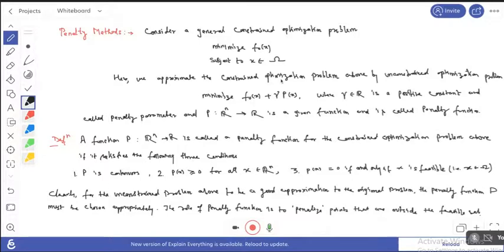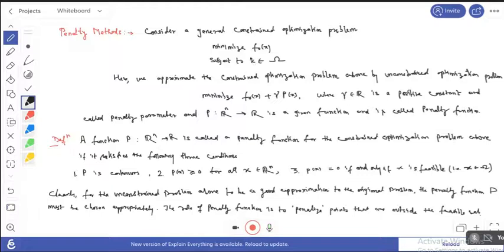If we add m number of equality constraint functions, then p may or may not be differentiable. In that case, there are two scientists, Courant and Beltrami, who made another form of penalty function, that is the squaring of each g1, g2, g3 up to gn, and then summing them.